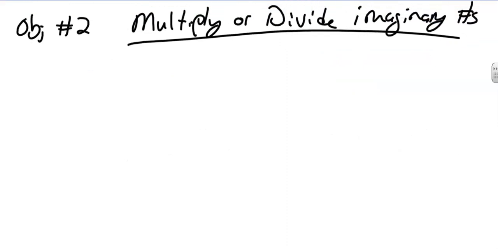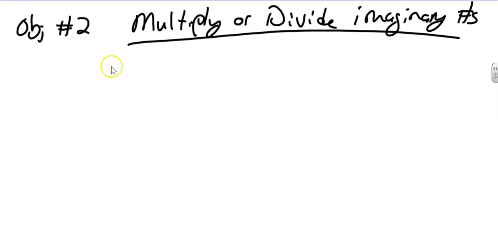And they're not going to ask you to add and subtract, because adding and subtracting is really not anything different than doing it with any other variable. So if they talk about adding the imaginary numbers, you would just add the whole numbers, and then you add the I terms together, so there's really not much to that one at all. This one they just focus on multiplying and dividing.